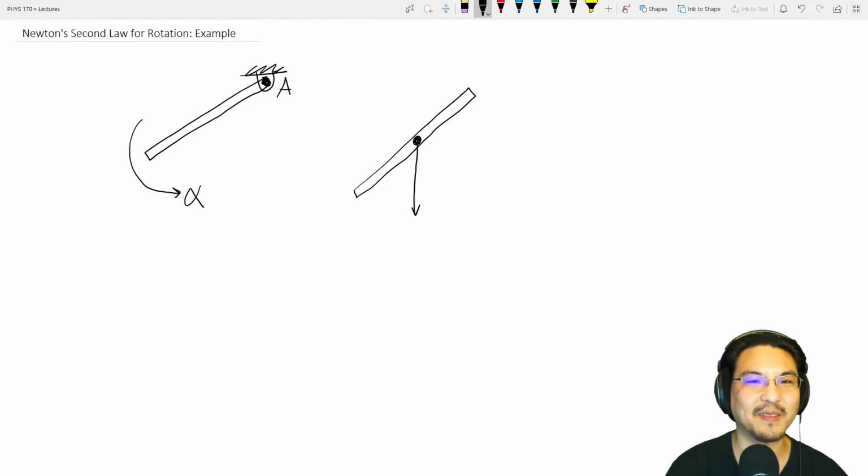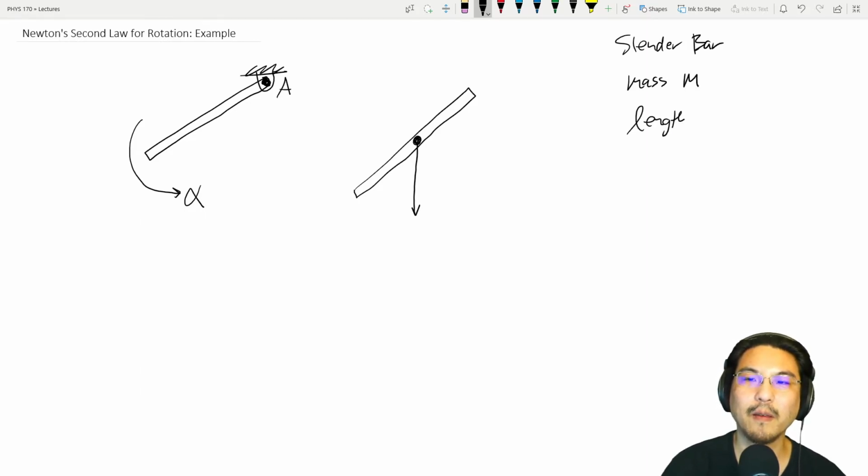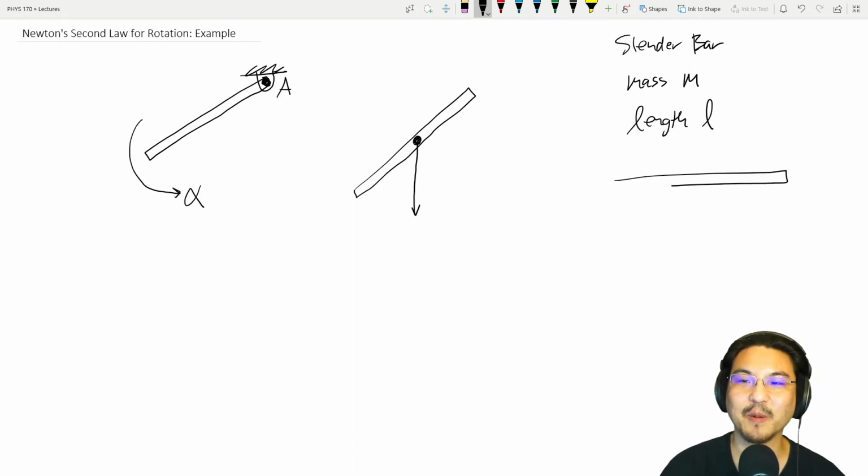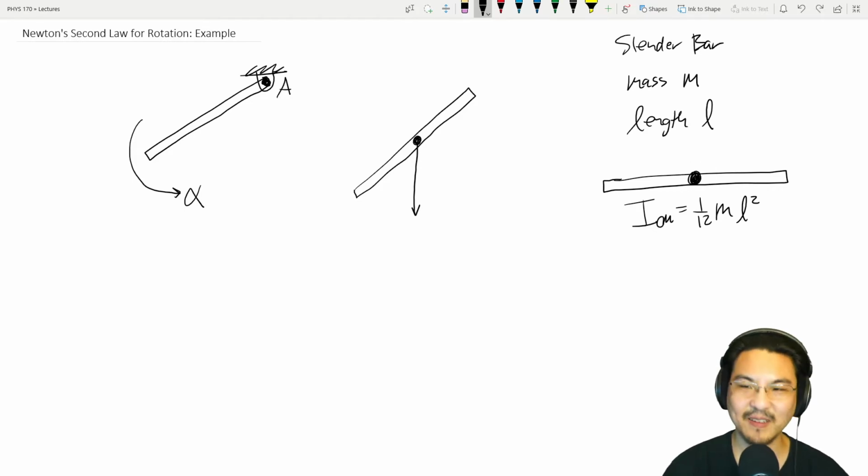So let me jot this down: it's a slender bar of mass m, length L. And if we look up in that table with different moments of inertia, we find that for a slender bar rotating about its own center of mass, the moment of inertia is 1/12 mL squared.